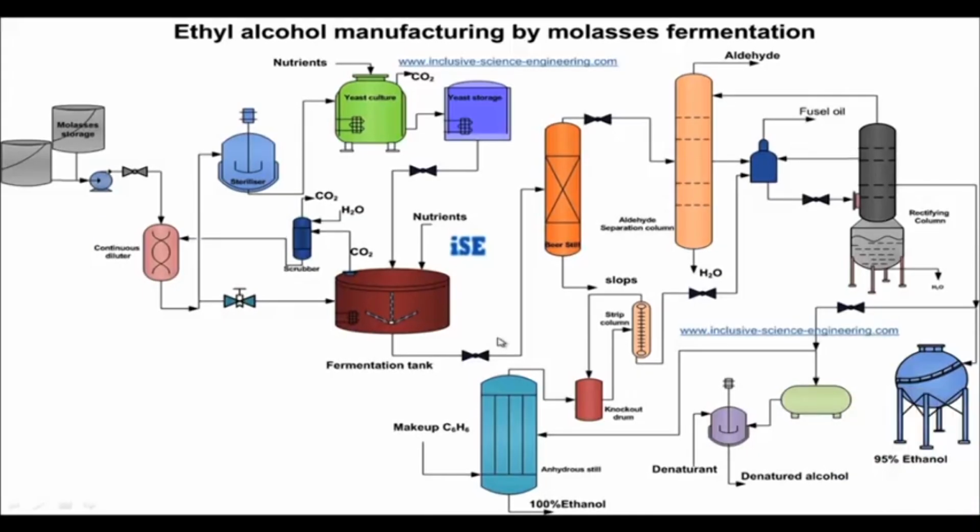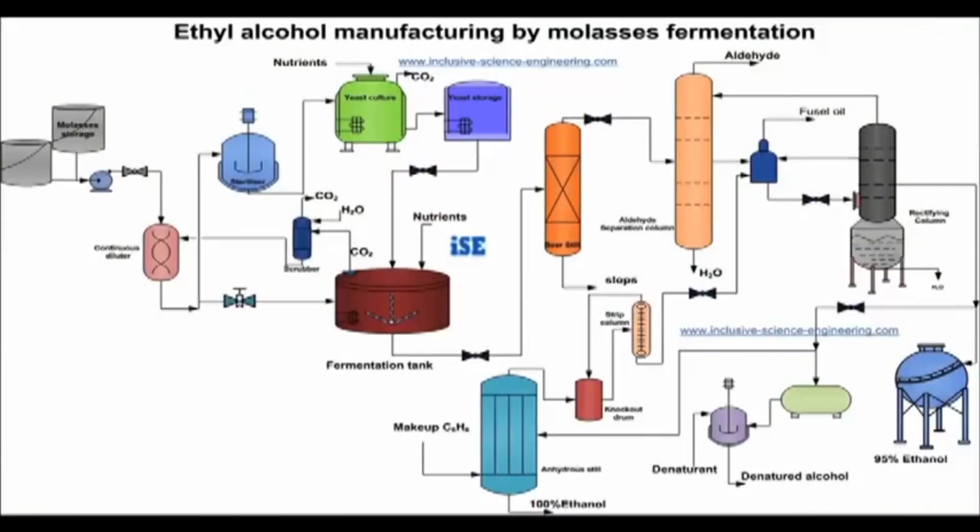Now, look at the process flow diagram of this ethanol fermentation process, which I have taken from this source. You can remember that cane molasses is a seasonal raw material, because cane is produced in a particular season, not throughout the year.